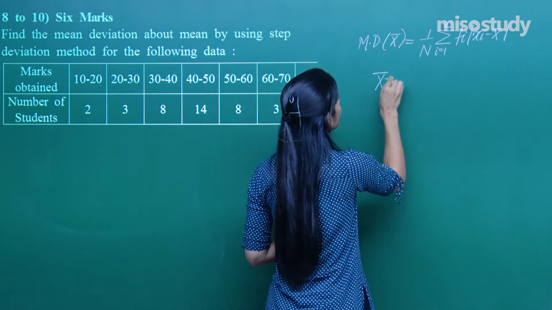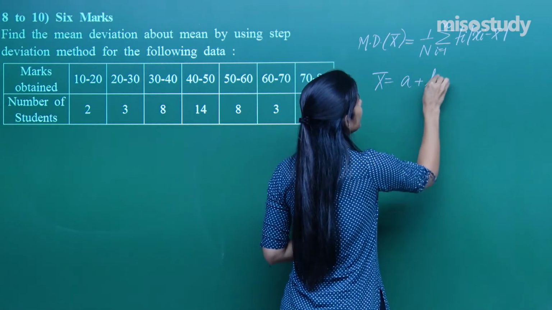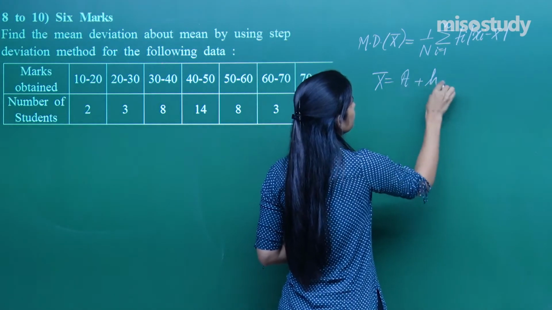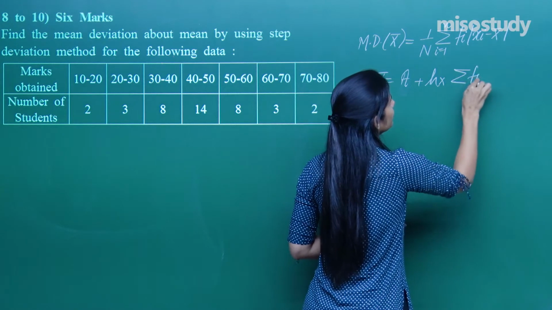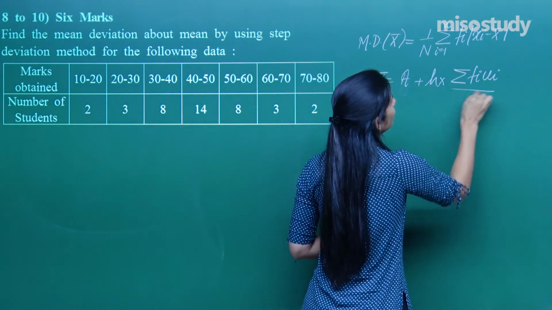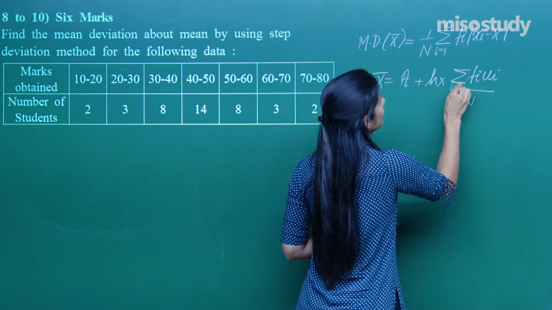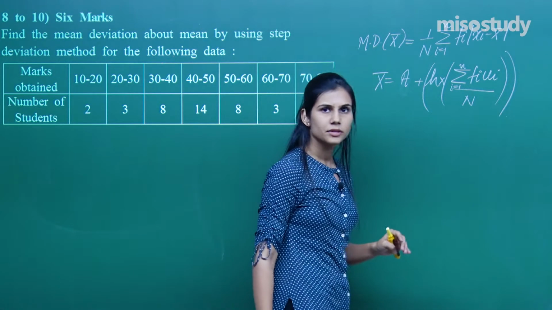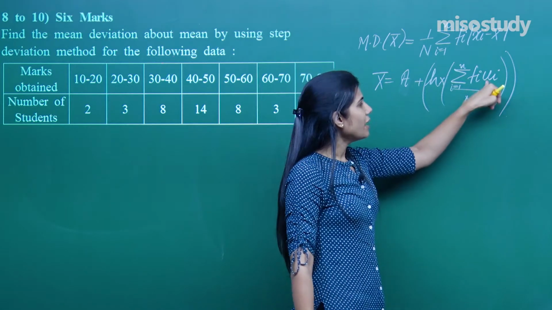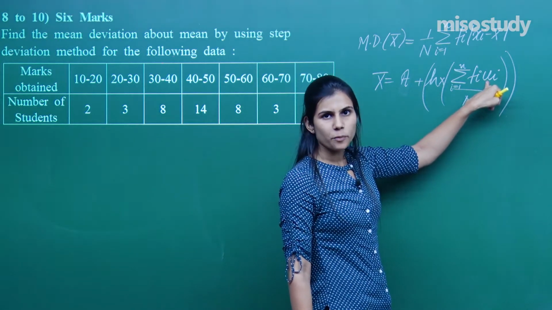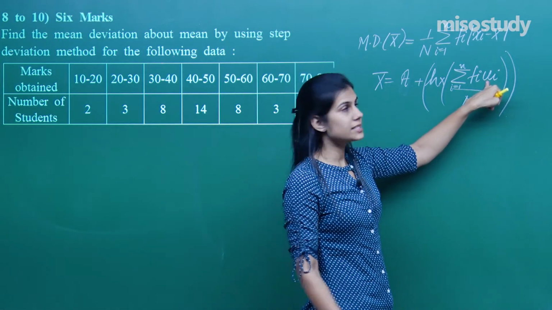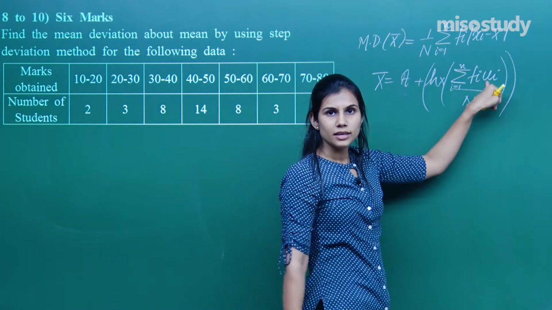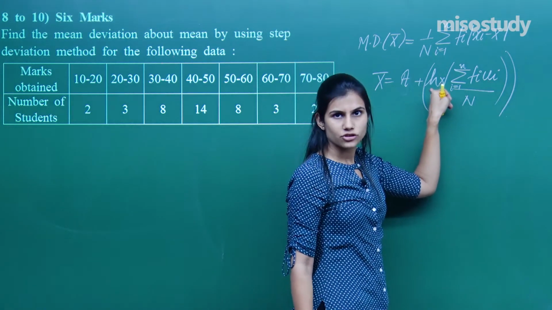So mean over here by step deviation method is A plus h into summation Fi ui whole upon capital N, i varying from 1 to n. Here capital A is the assumed mean. Ui is what? The quotient which is obtained when the deviations of xi's from the assumed mean are divided by the common number h.